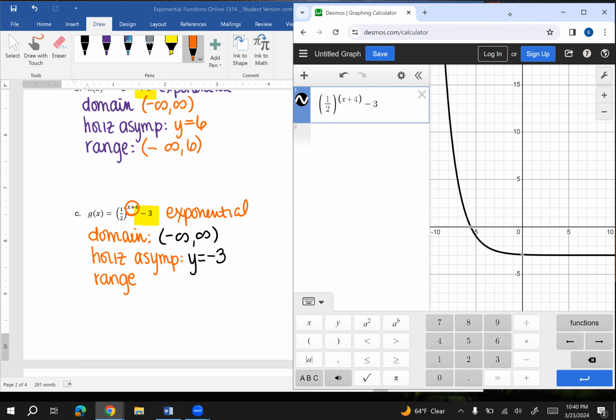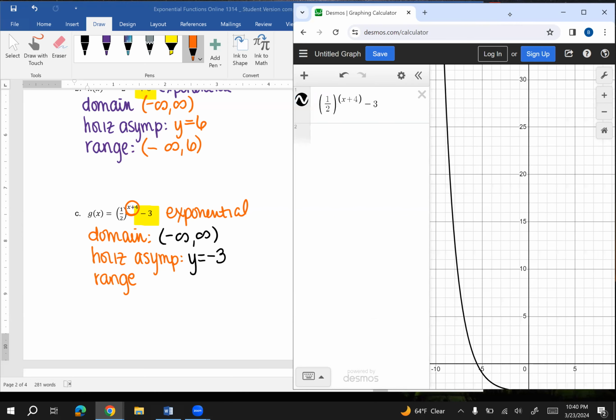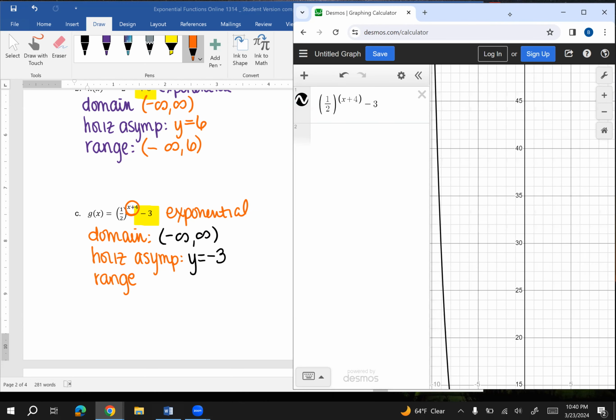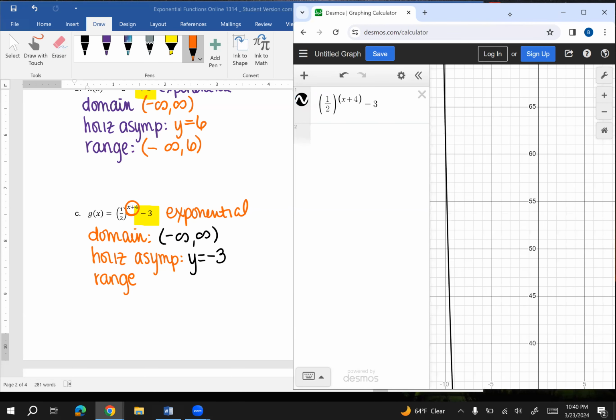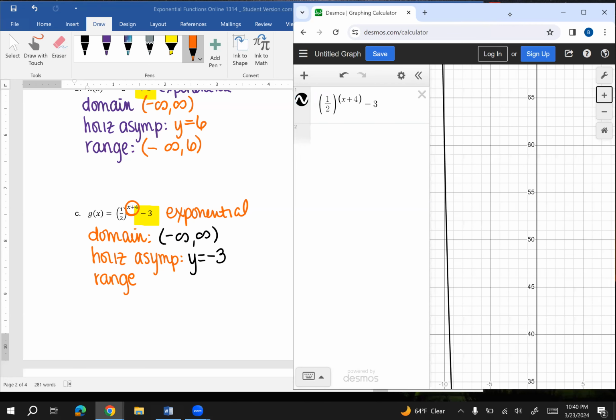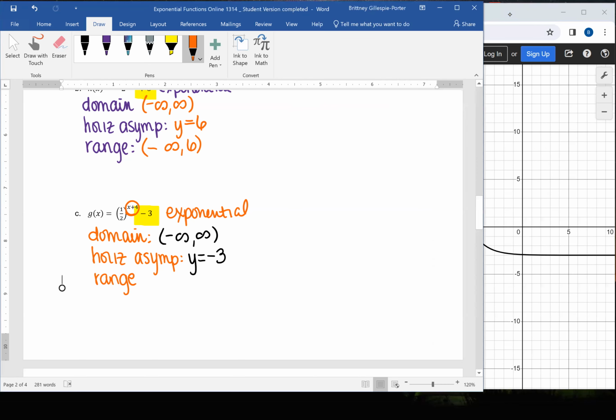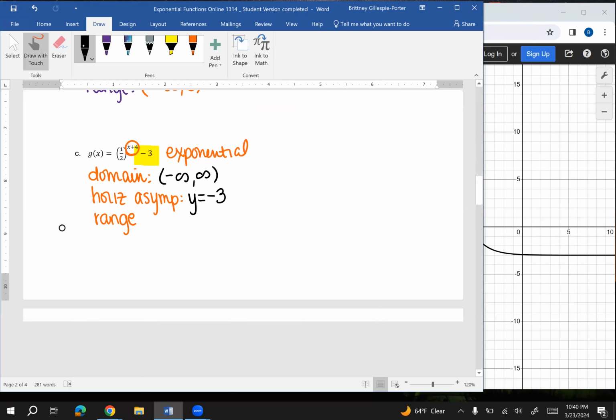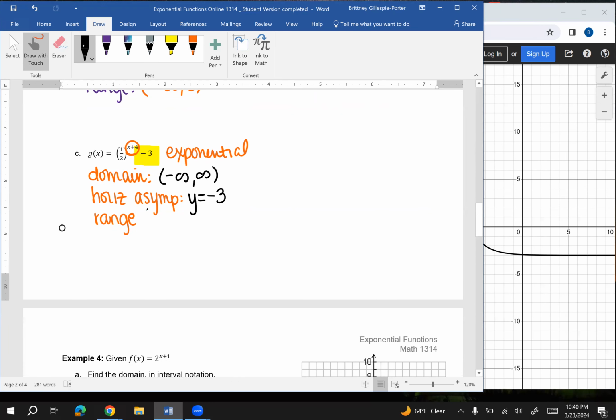We're flattening out there. And although our graph is decreasing from left to right, our positive y values are where it's at. We just keep getting bigger and bigger, which means that our range is going to be negative 3 to infinity.